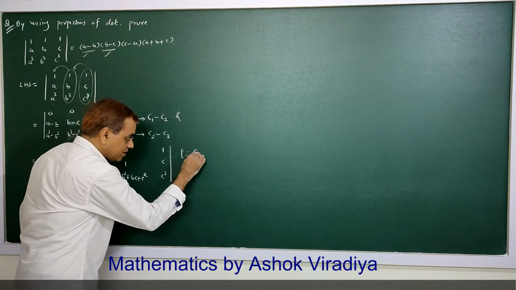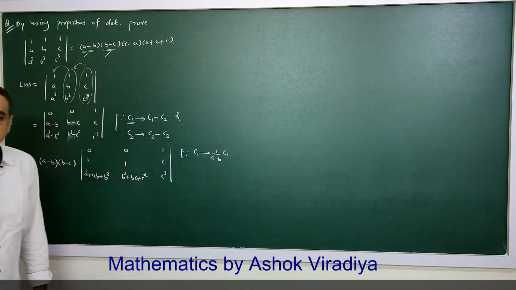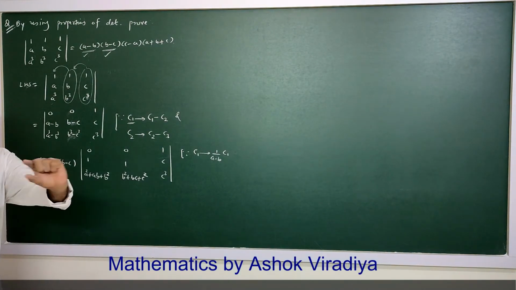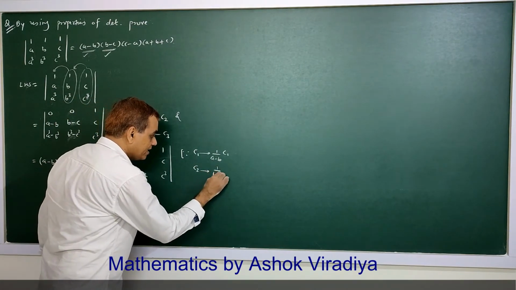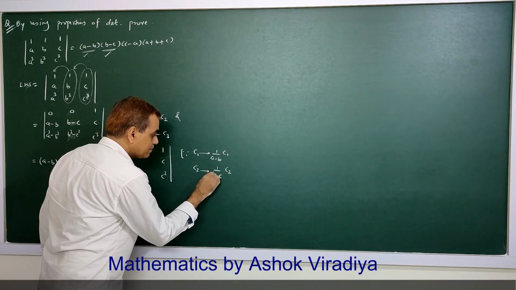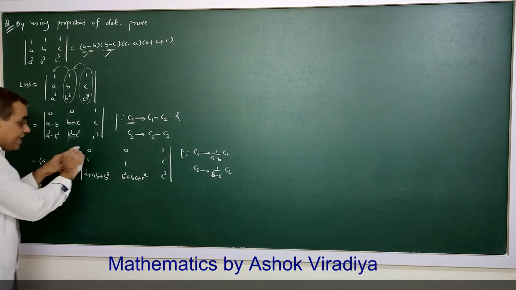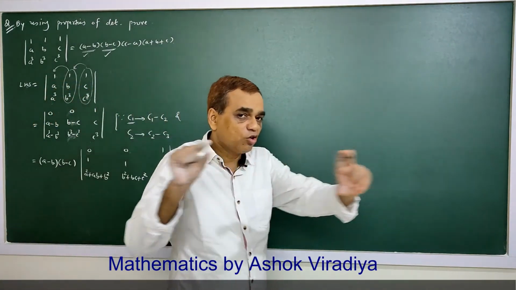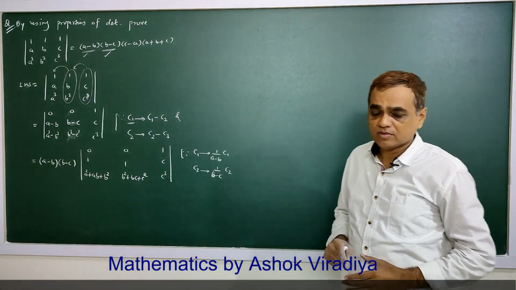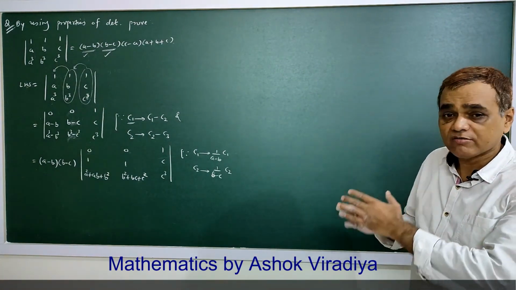Column 1 is divided by A minus B. Taking common means inside divide by A minus B. And column 2, we are dividing by B minus C. Doing this operation, we are getting two zeros. Getting two zeros in any one row or any column makes the calculation very easy.